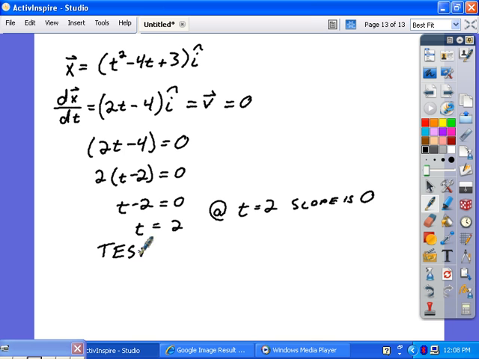So let's do a test point of positive 1. I want to see what happens when I plug a positive 1 in here for t. 2 times 1 is 2. 2 minus 4 is negative 2. So the test point is negative, which means that the slope is negative.